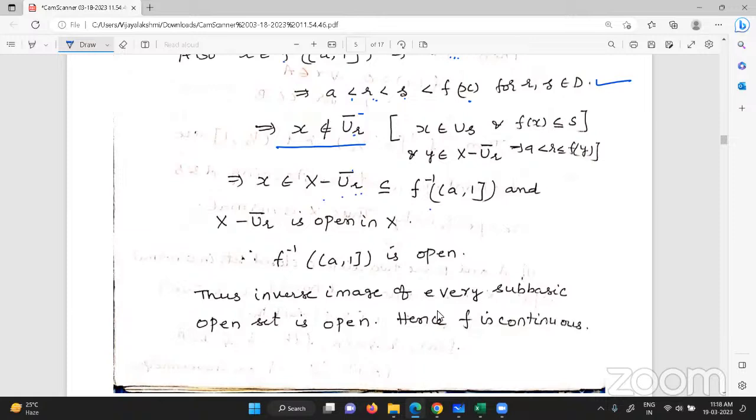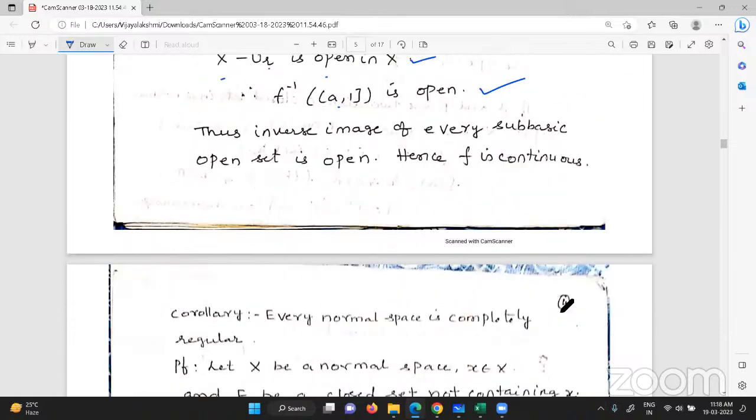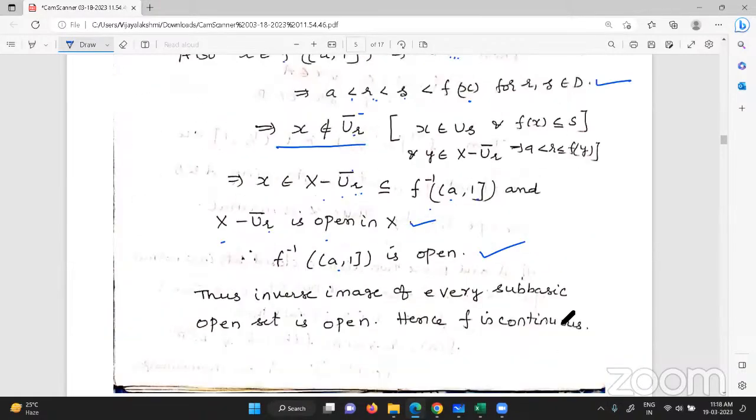Which is a subset of f inverse A1. That means X minus closure of UR is open in X. Therefore, f inverse A comma 1 is open. That means the inverse image of every subbasic open set is open. Hence, f is continuous. I proved Urysohn's lemma in the simplest way, and in the textbook he has given it in a different way.